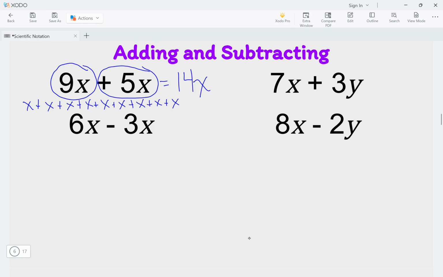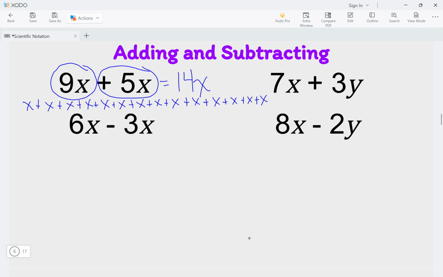Okay, and I'm adding 5 more x's. 1, 2, 3, 4, and 5 more x's. So these are all just x. I can combine them all together, add them up, and I would have 14 x's.